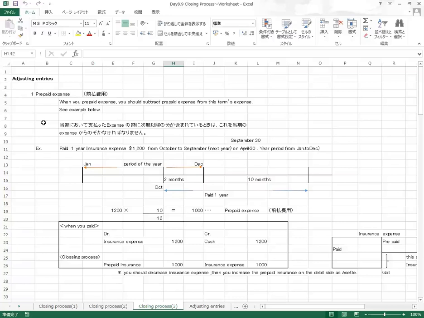It is not suitable to record all these expenses to this term. It is too much to record all for this term. You have to divide income and expense belonging to this year and next year or later. You record income and expense only belonging to this term.